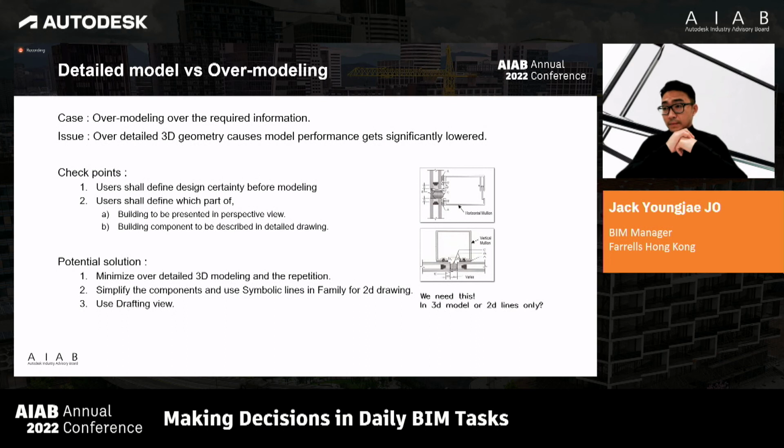But first of all, the most important thing is that we have to minimize over detailed 3D modeling and the repetition. All these things are about our model performance. So actually it's much easier than we expect to end up with a very slow, lagging model.